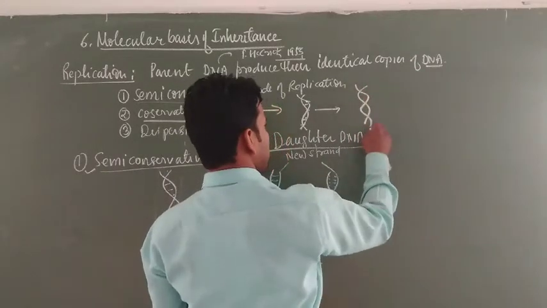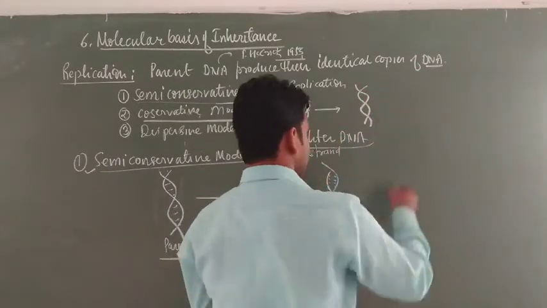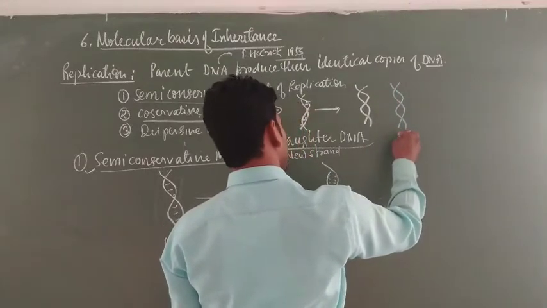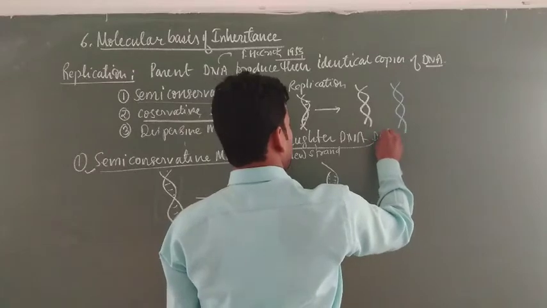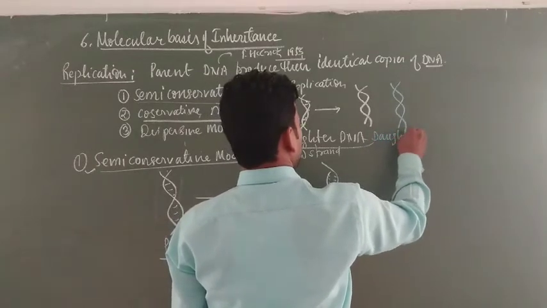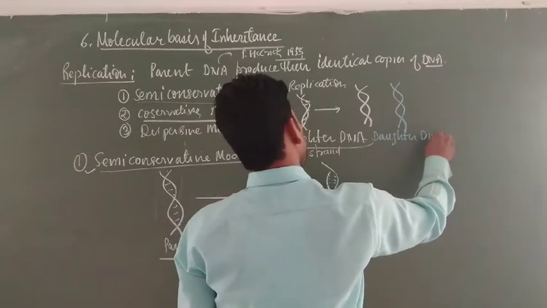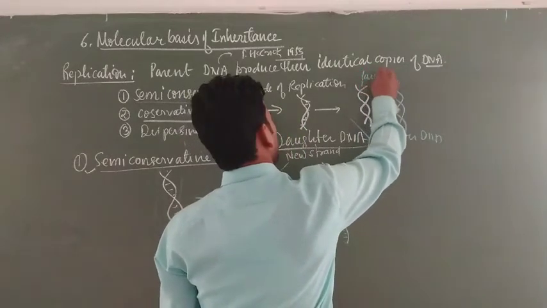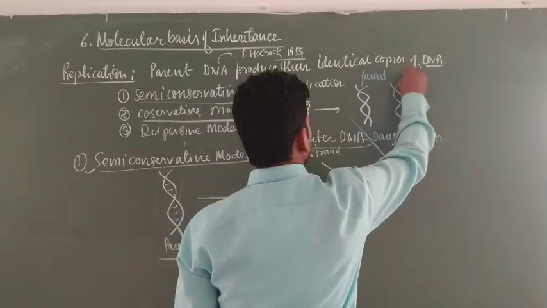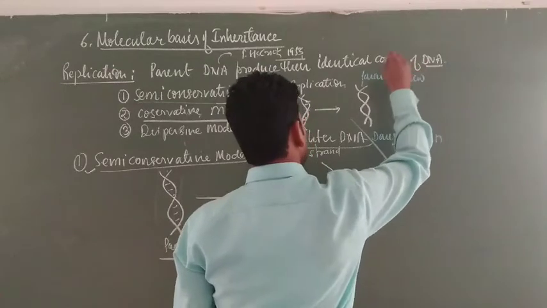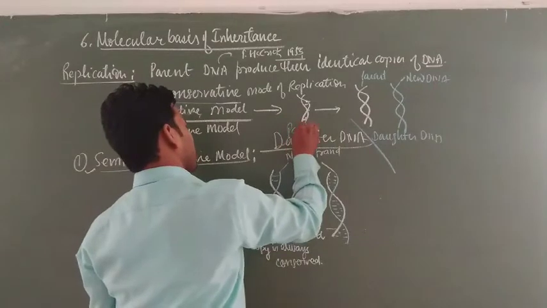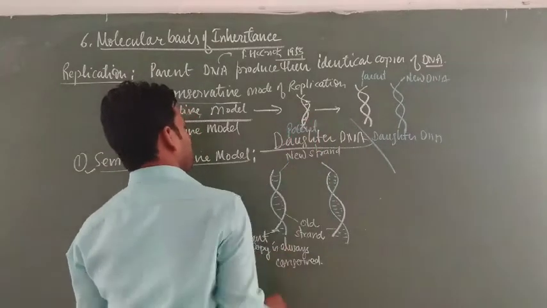One should be the parent and one should be entirely new. So this one is a daughter, but one should be of parent DNA and one should be of new DNA, and this is the parent DNA.